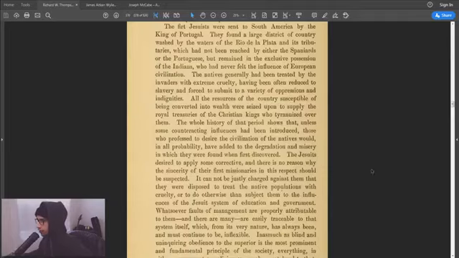It cannot be justly charged against them that they were disposed to treat the native populations with cruelty, or to do otherwise than subject them to the influences of the Jesuit system of education and government, the Ratio Studiorum and the constitutions.